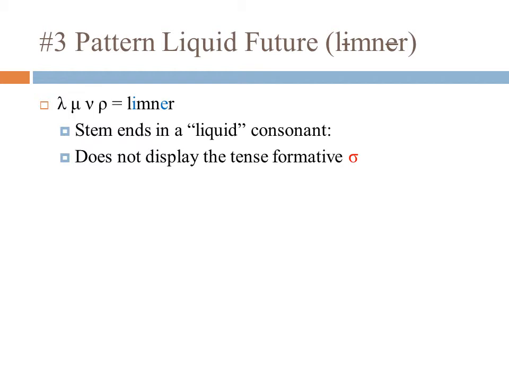They do different things. So the stems will end in what is called a liquid consonant. Liquids are liquid consonants. And the liquid doesn't display the tense formative sigma. This is going to be one of our hardest ones because there's no sigma there.